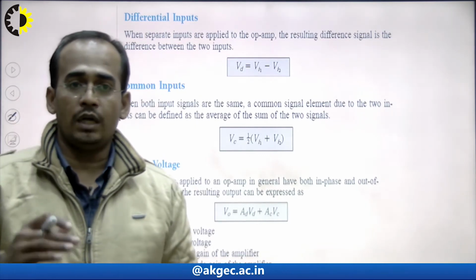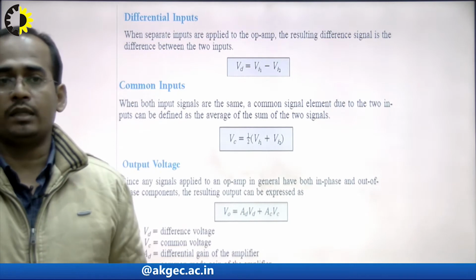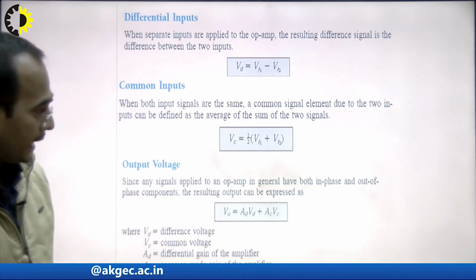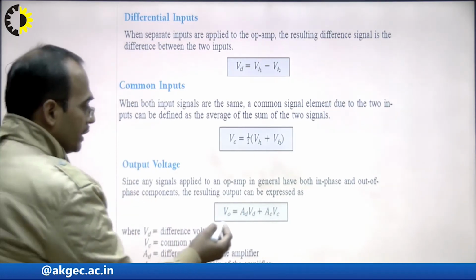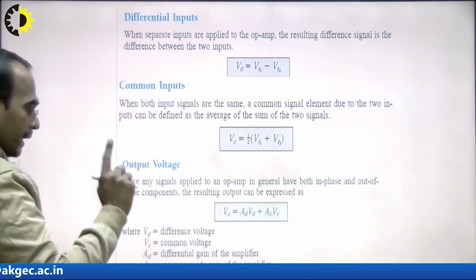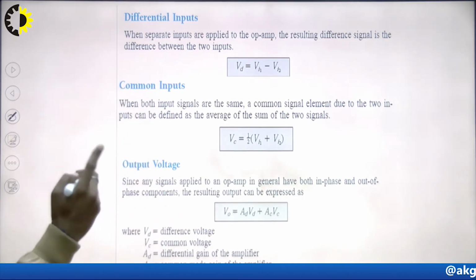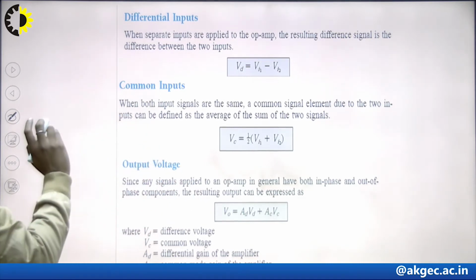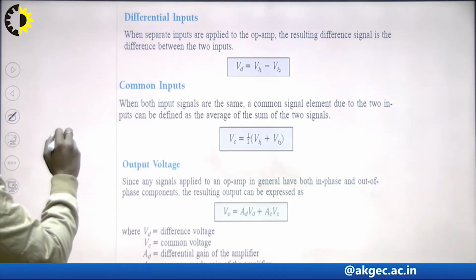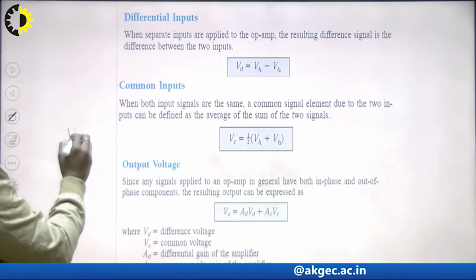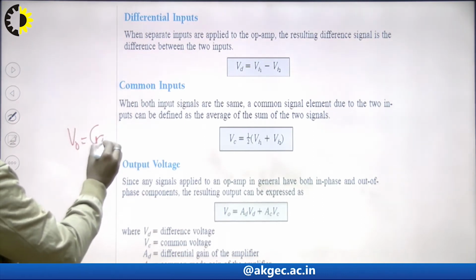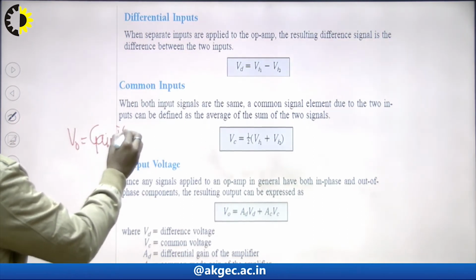Common input will be the average of both the inputs applied at the terminals, and in that case what will be the output? As you know, the output of any amplifier, V naught, is nothing but gain multiplied by the input.